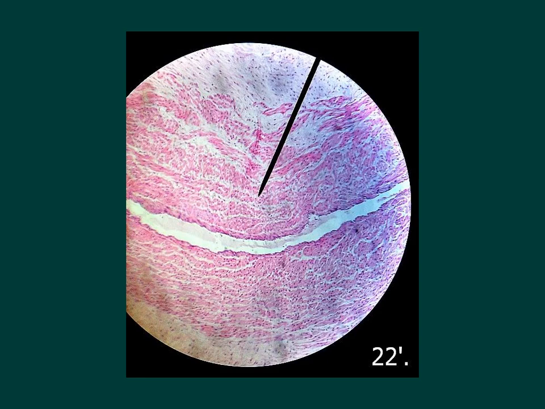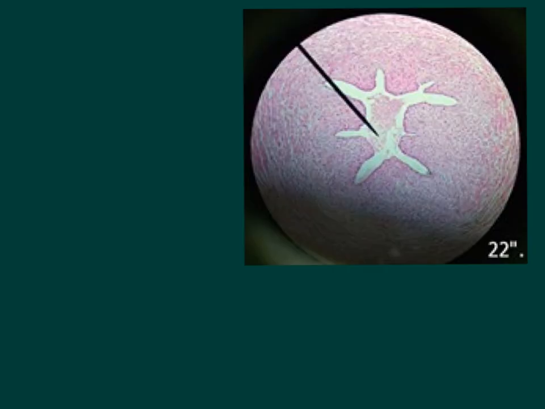This is a part from the section of the umbilical cord, and as you see here, we are looking for the vein. Here is the vein, which resembles the mouse or the smiling mouse in the slide of the umbilical cord. This is the picture of the artery, which is always having this stellate shape lumen.